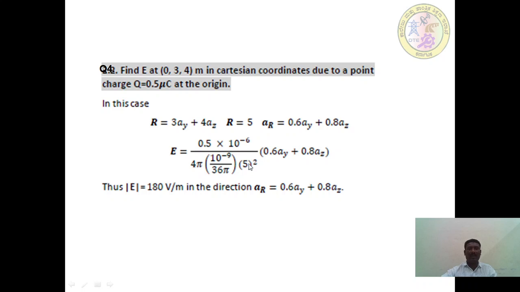These are constants, only the value of R is 5 square, into the unit vector 0.6 ay plus 0.8 az. If you consider only the magnitude, E, that is the electric field intensity, is 180 volt per meter in the direction ar. This is the value. Okay, let us take the next problem.